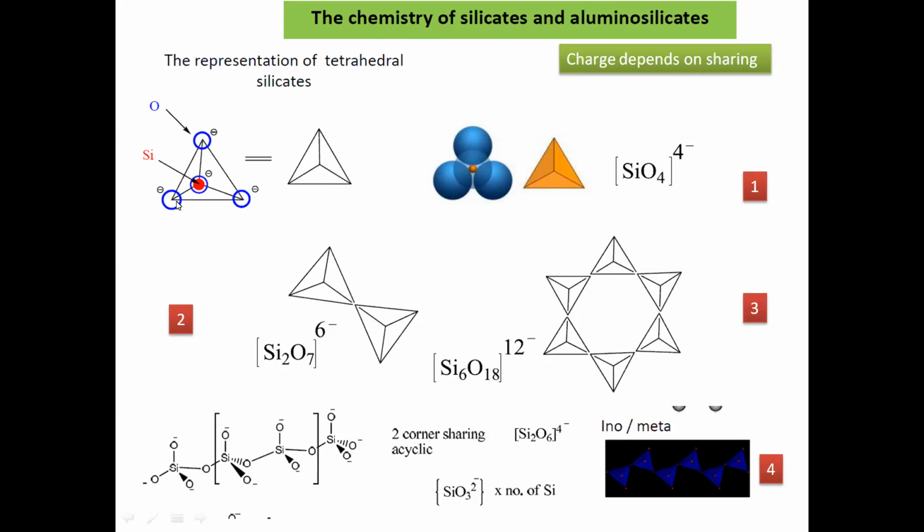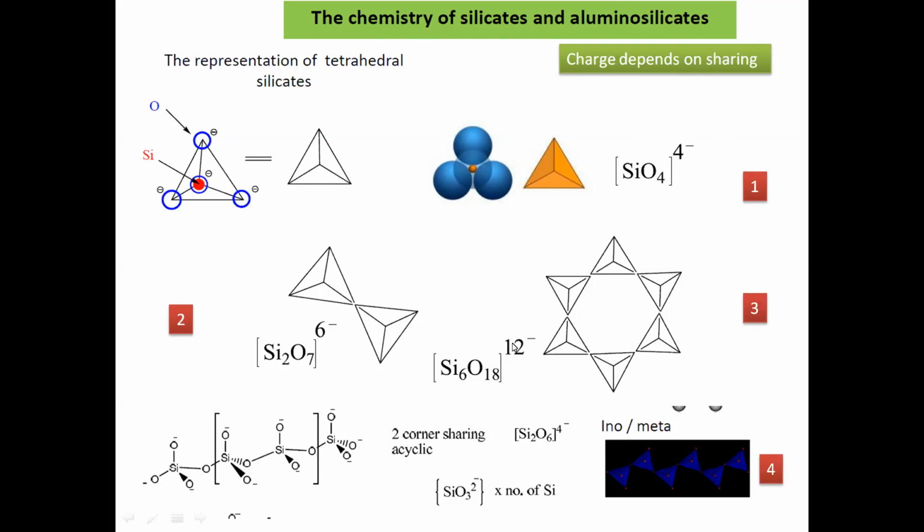It forms a tetrahedron with 4 oxygen atoms surrounding it, and if they are independent, you can consider it as SiO4 4 minus, because silicon has 4 plus and oxygen has 8 minus. So overall SiO4 4 minus.